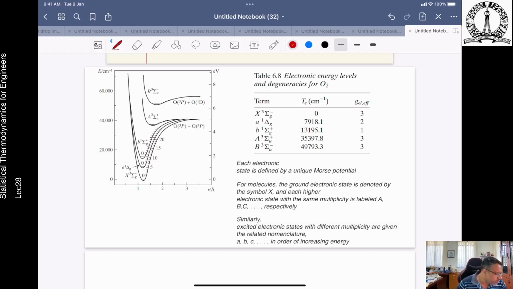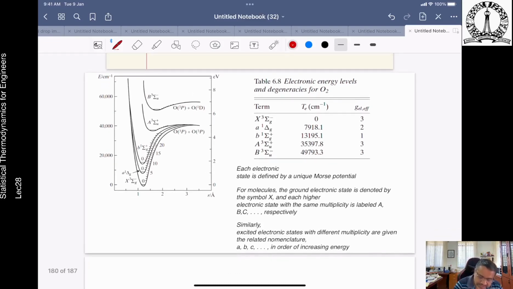We have also said what spin splitting is, and Lambda doubling and so on. Usually the energy difference produced by Lambda doubling is much smaller than that produced by spin splitting. In accordance with it, we can now generate these kinds of tables, which give the electronic energy levels and degeneracies for oxygen here.